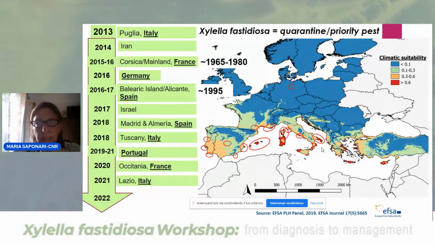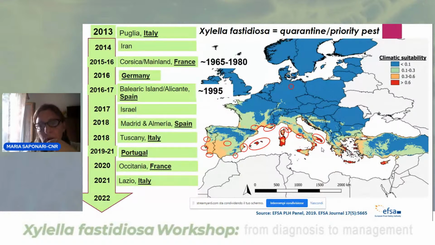However, all these outbreaks are related to different strains of Xylella fastidiosa. None of these outbreaks is related to the Apulian outbreak. The strain that causes disease in Italy on olives is limited to our region.